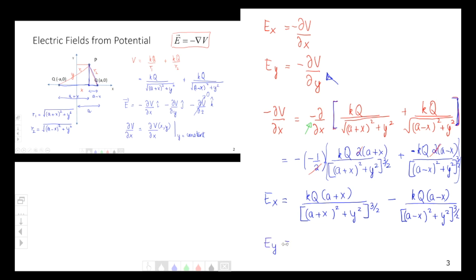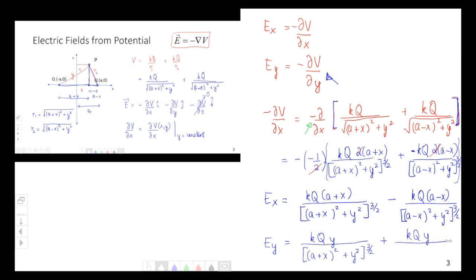A little calculation will show that now we will get something that looks very similar, except that the sign of the second term is the same as the sign of the first term. So this is a plus rather than a minus as in the first case.